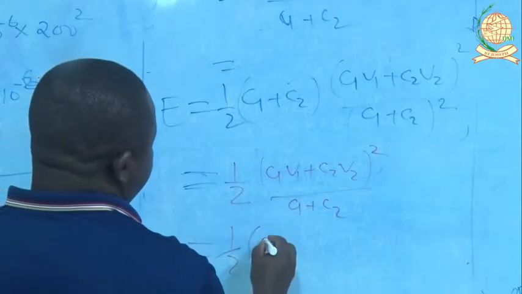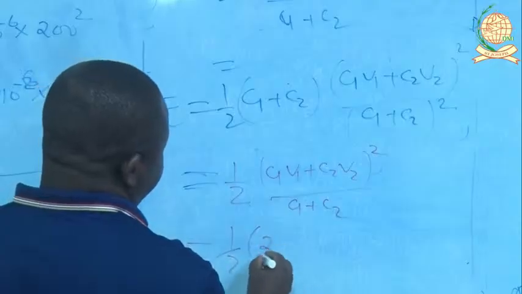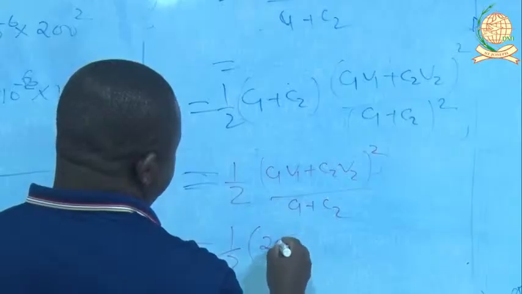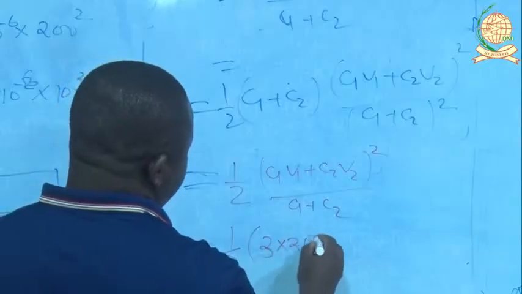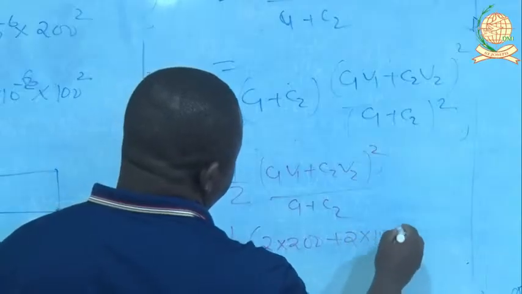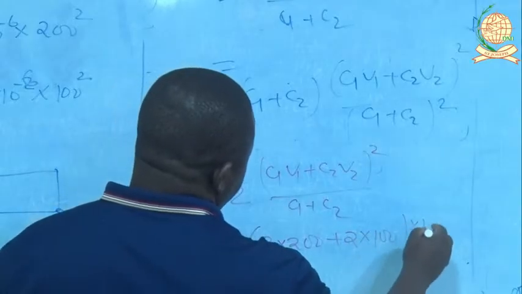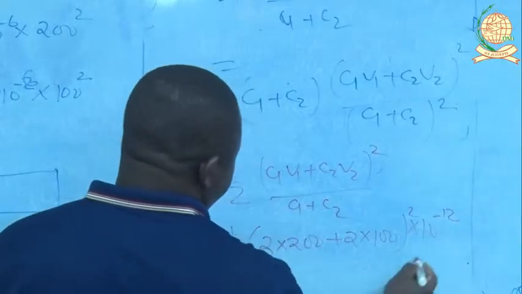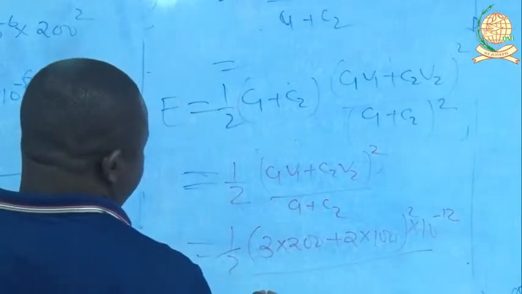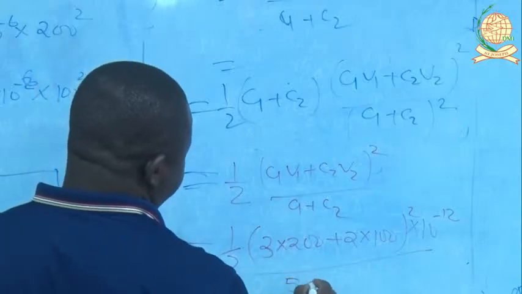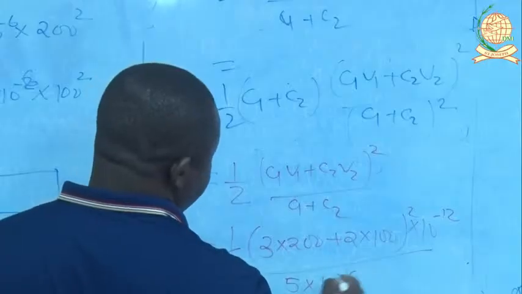C1 is 3 microfarad times V1, which is 200, plus C2 is 2 times 100, squared, times 10 to the negative 12, over this, which is of course 5 times 10 to the negative 6.